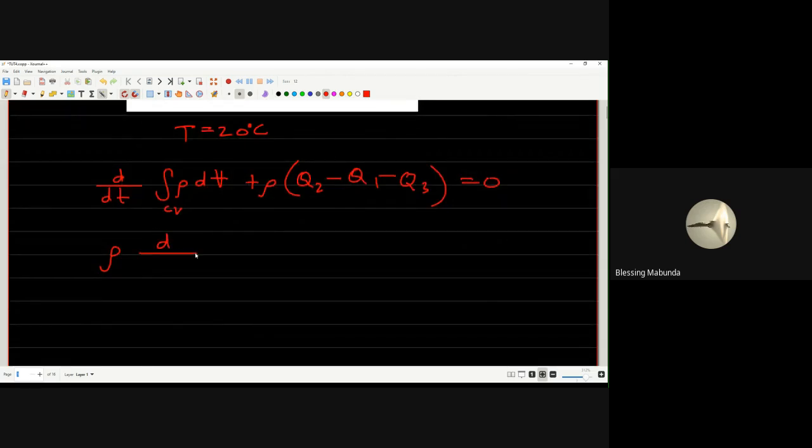So this is d/dt of the integral of dV, and this is equal to rho times Q3 plus Q1 minus Q2.